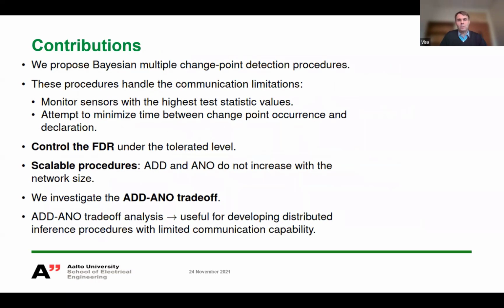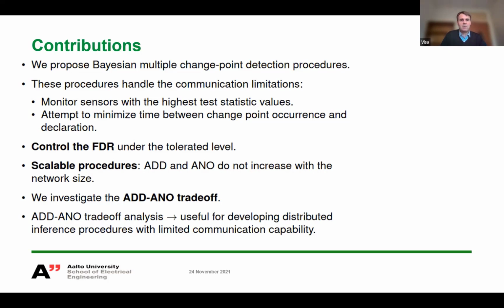And so what we have done is to propose this Bayesian multiple change point detection procedure, which takes into account these communication constraints. The idea is simply that you will just monitor those sensors which have the highest probability for a change to take place.